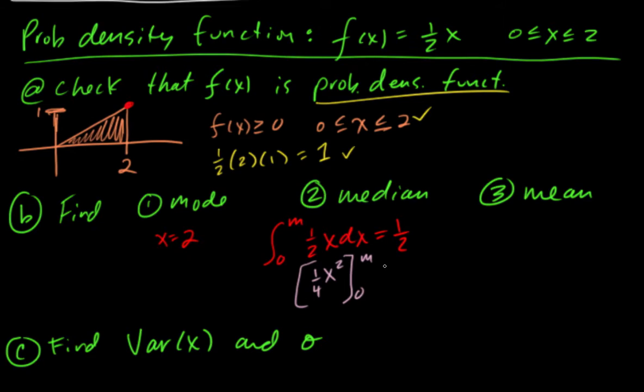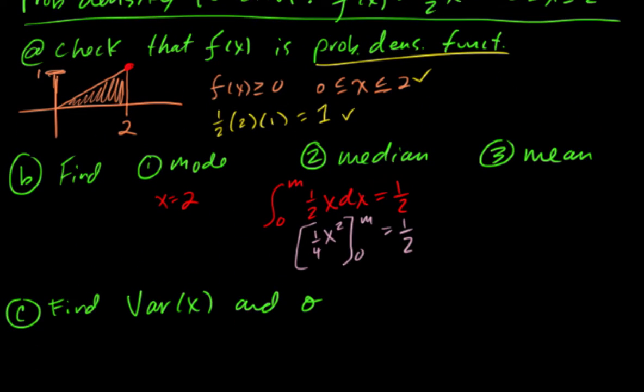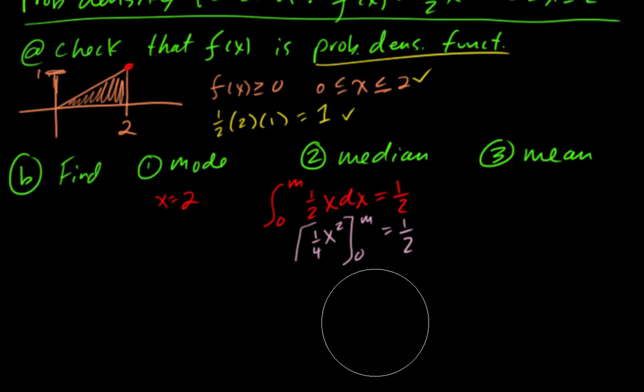From 0 to m, we want that to equal 1/2. I think we need more room, so I'm going to get rid of this for a second. Okay, now we just plug it in, so it's 1/4 m squared minus 1/4 0 squared equals 1/2. This goes away because it's all 0.